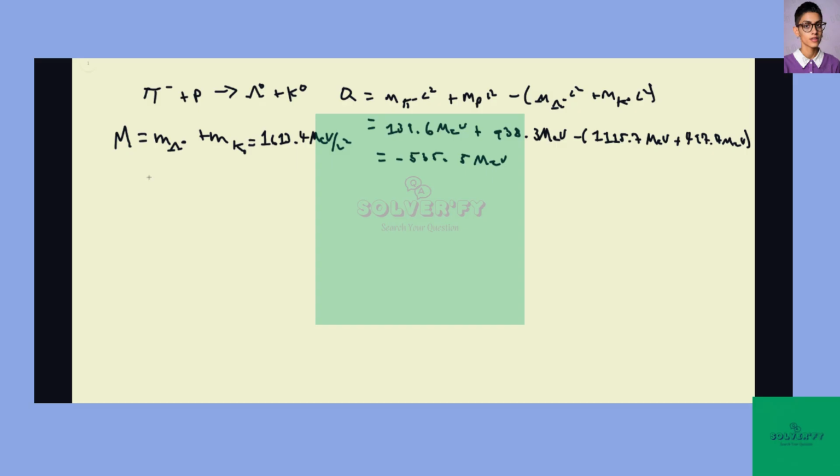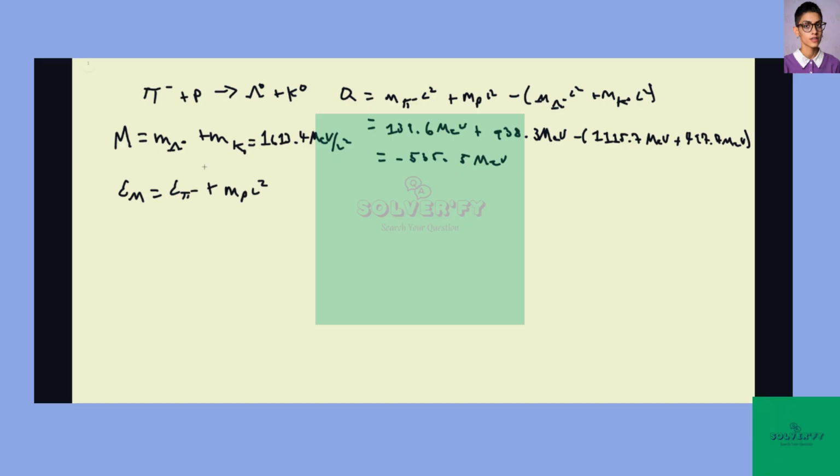So now, using conservation of energy, we can make the statement that the total energy of the big mass on this side is going to be equal to the total energy of the pion plus the rest mass energy of the proton, since the pion is carrying some kinetic energy and the proton is at rest.